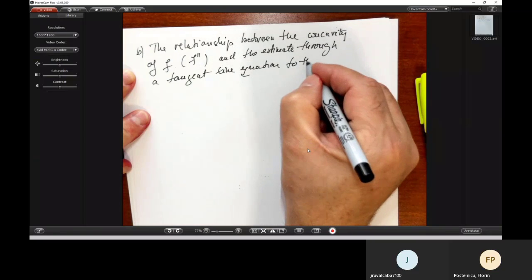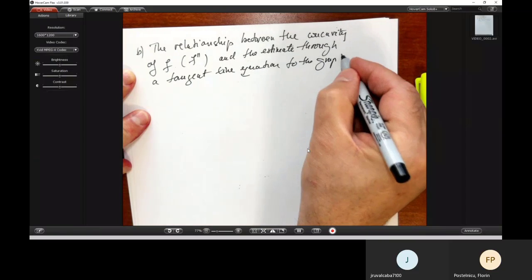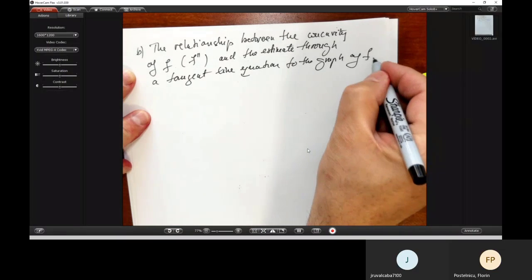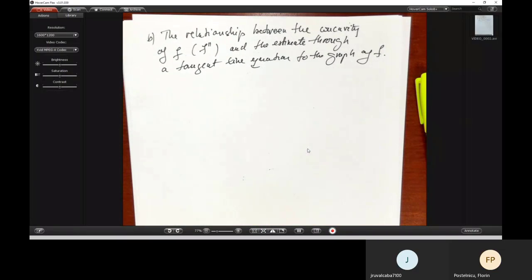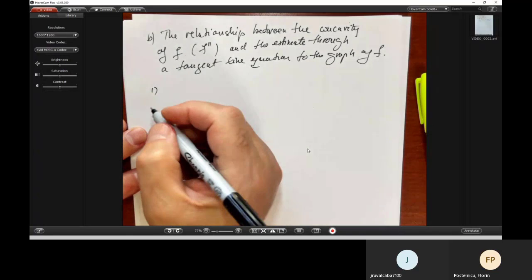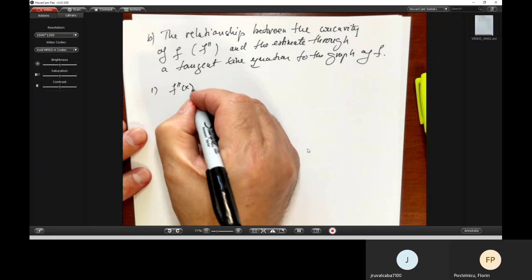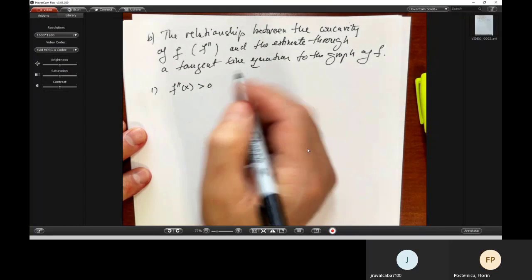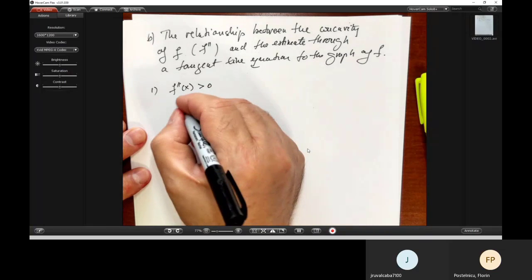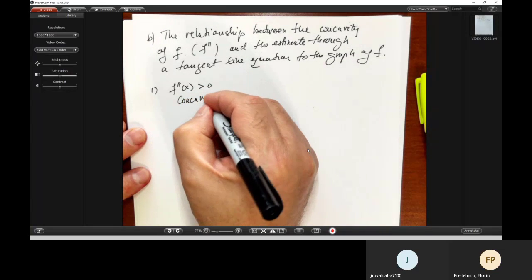So let's say in the first situation, the second derivative of the function is positive. Therefore, the function is concave up. Now, whenever I'm talking about functions that are concave up, let's have in mind a model like y equals x squared. So that's a good one to illustrate what is going on.